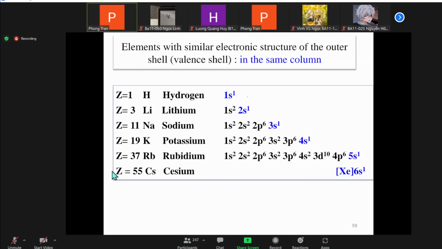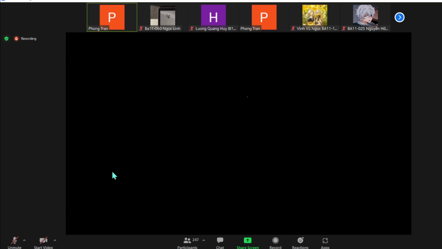Basically, they are different in energy and in the size of the orbital, but they have the same character in terms of spin and in terms of shape of the orbital. So the chemical behavior of the elements is similar because they have comparable electron configuration.